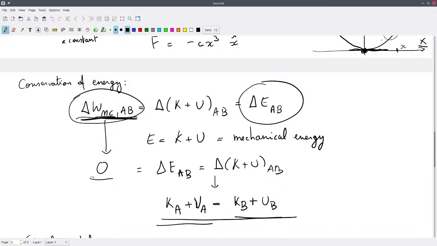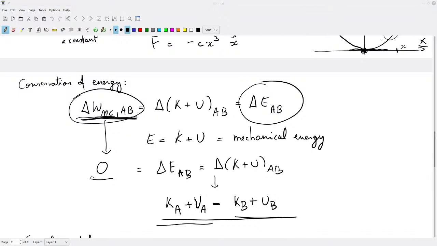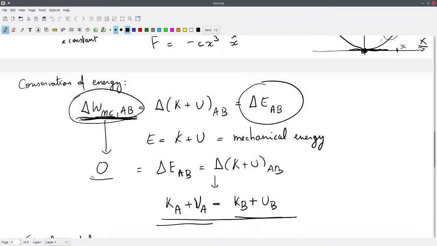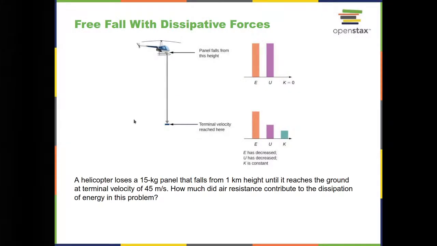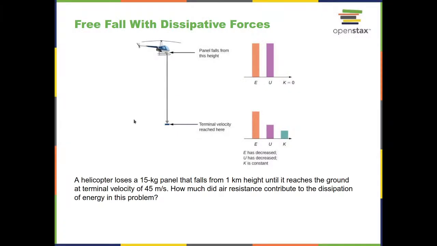So of course it's more difficult to solve these kind of problems unless you know something about the work. You can't really solve these problems in the same way. So usually what we do here is we need more information to solve this. As you'll see in this problem, we know exactly what the initial potential energy is, the initial kinetic energy. So we know exactly what the initial total energy is.